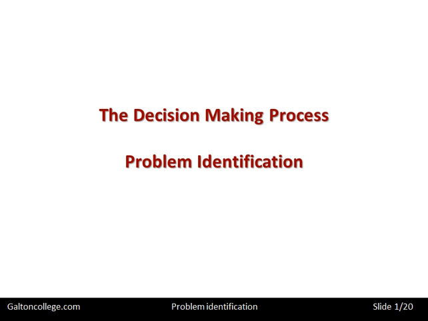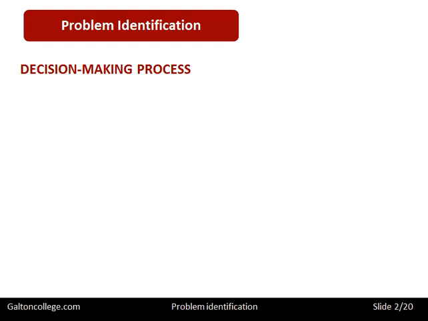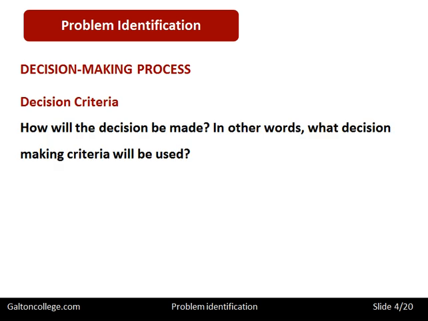So we're going to have this short class on problem identification, and we're going to look at, to start, the decision-making process and decision criteria. How will the decision be made? In other words, what decision criteria will be used? Now, it's important to identify what the criteria will be.